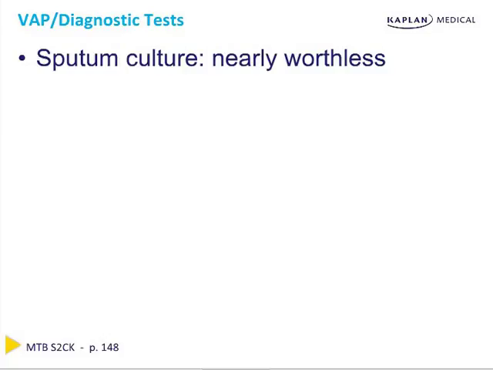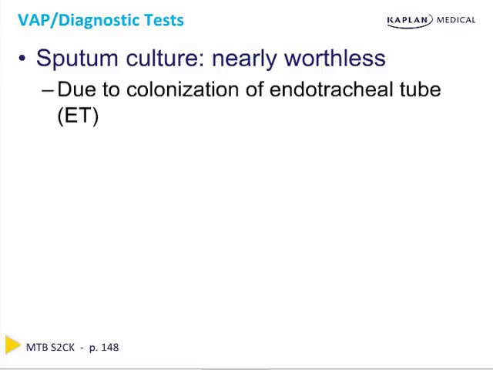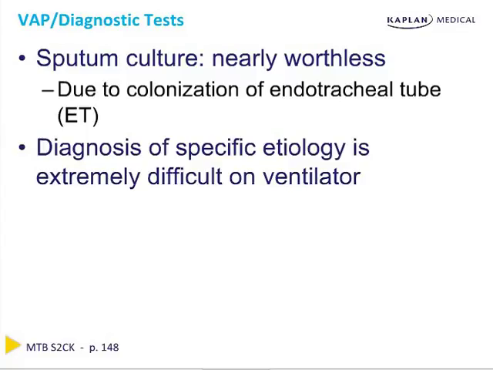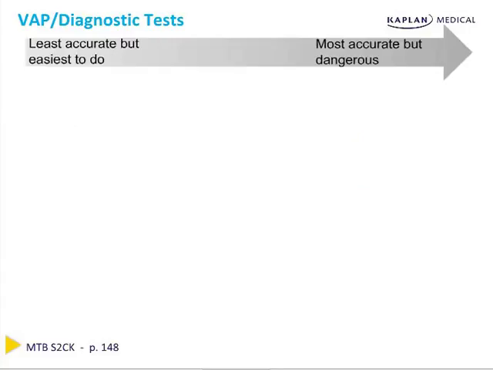Unfortunately, sputum culture is nearly worthless in diagnosing pneumonia in these patients. The endotracheal tube is often colonized with various bacteria, both pathologic and non-pathologic. The diagnosis of a specific etiology is therefore very difficult. In order to make the diagnosis, sometimes other means are necessary.